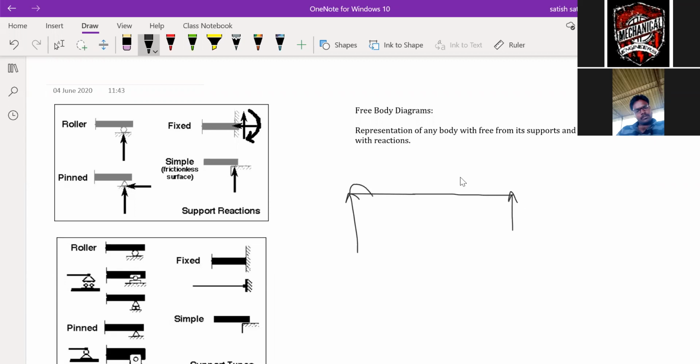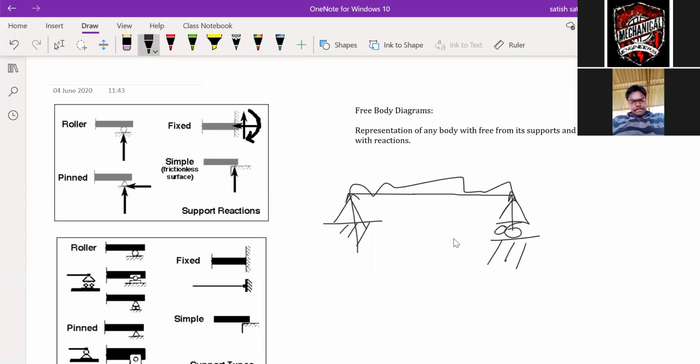And suppose there are loads, any random load or any varying load acting like this way. Now suppose initially one end is fixed and the other is rolling. If I want to remove these two supports, how can I do that?